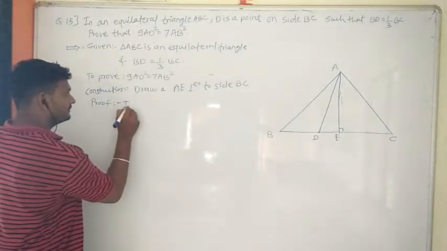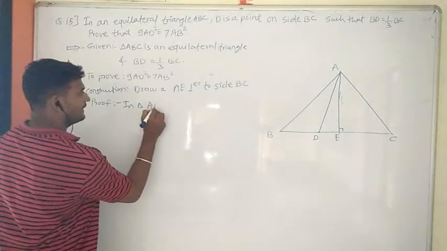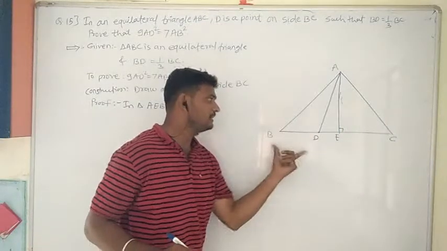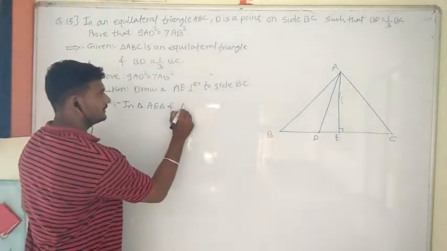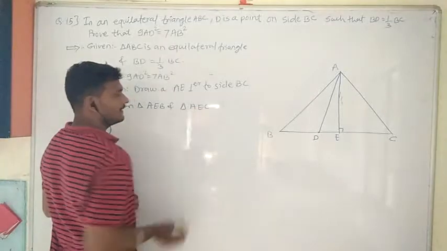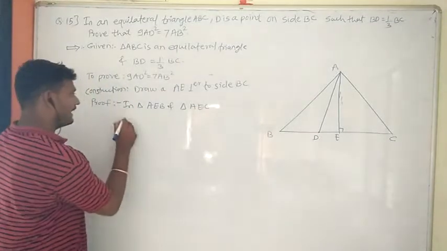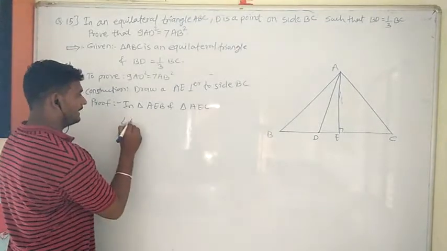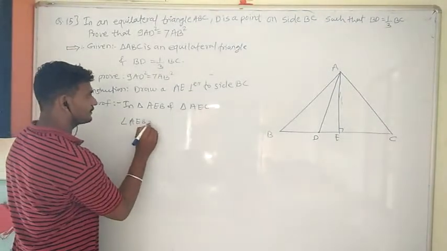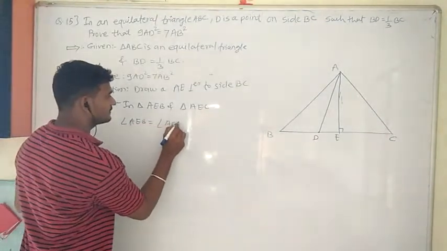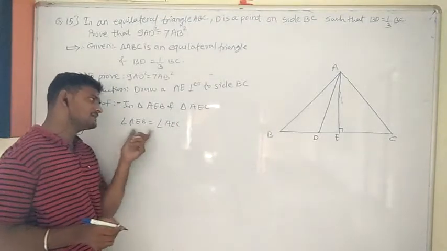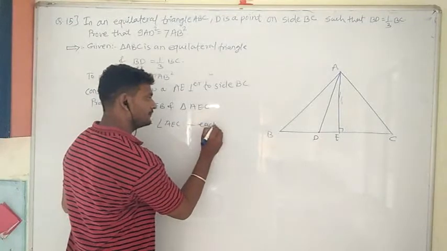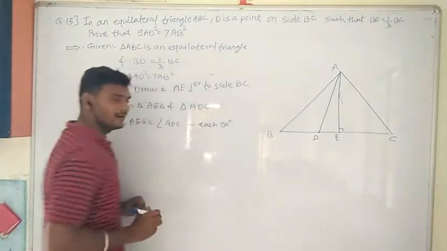In triangle AEB and triangle AEC, angle AEB is equal to angle AEC. Why? Because each angle is of 90 degrees.